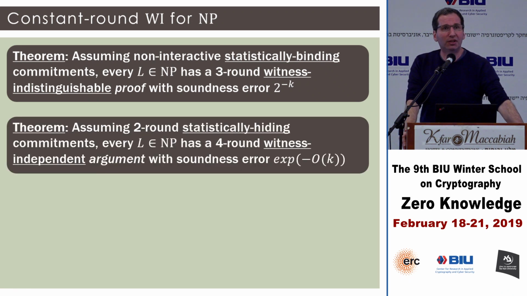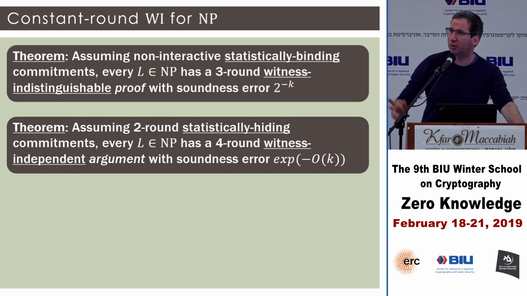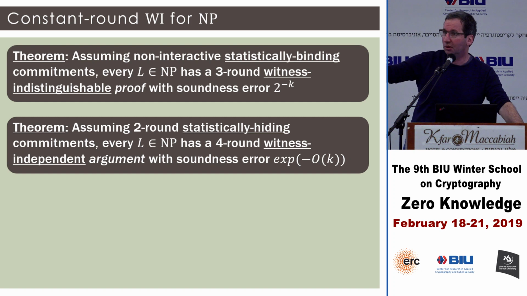The other theorem is that if we have 2-round statistically hiding commitments, remember that statistically hiding commitments require this extra round, where the receiver sends the CRH, or we need the G and H to be set. So assuming 2-round statistically hiding commitments, every language in NP has a 4-round witness-independent argument with soundness error that is exponential in minus order k.